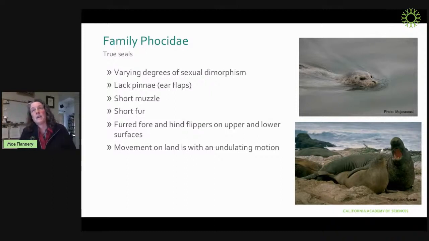So in otariids, the fur seals and the sea lions, it is more individual variation in each individual sea lion and fur seal. In the phocids, which I'll talk about next, sometimes it can be dependent on location, and I'll talk more about that when I get to one slide.